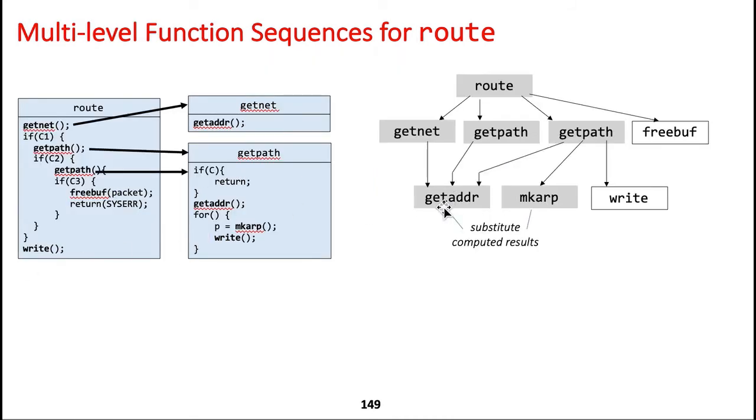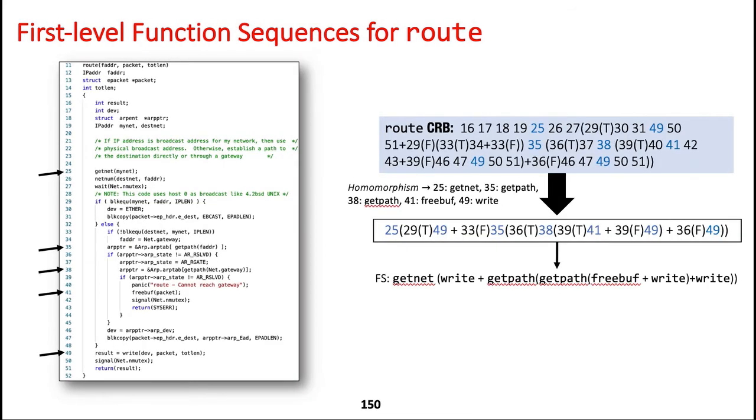The functions getAddr and makeArp get called by getNet, getPath, etc. So when we are computing the multi-level function sequences for route, we will make use of the result we have already computed for getAddr and makeArp. The process is similar. We compute the first level function sequences and then we do this substitution.